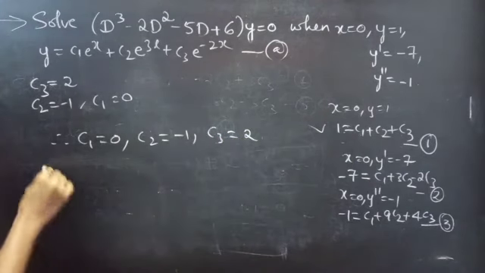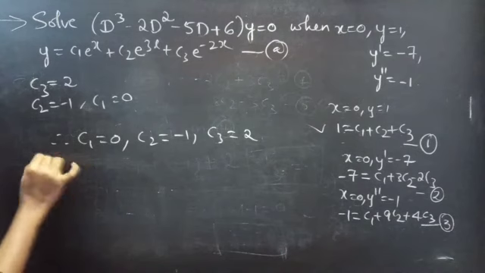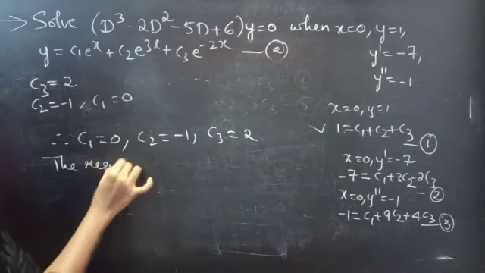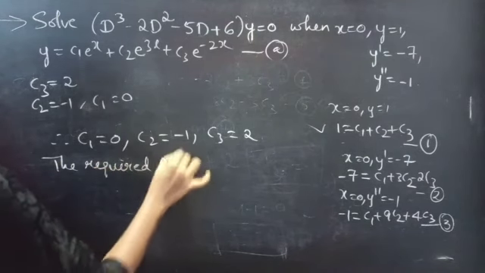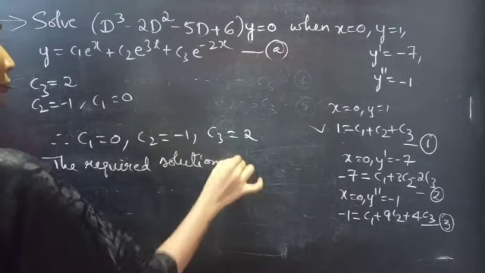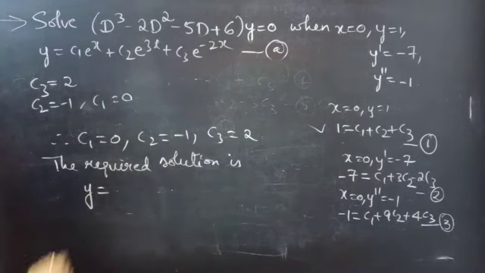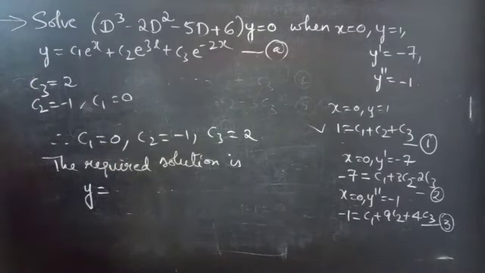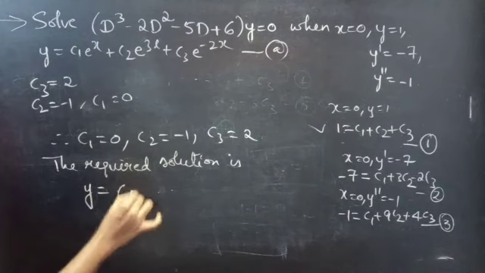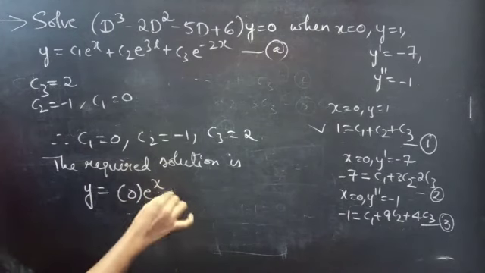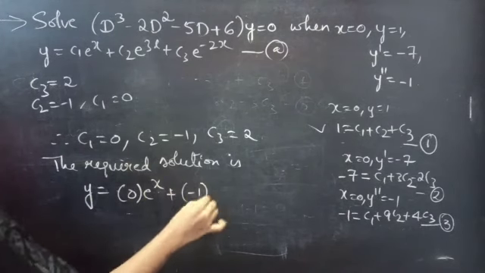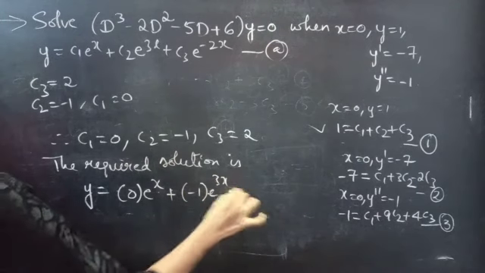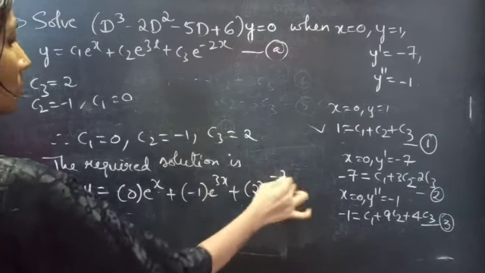So our general solution, or the required solution, will be y equals, substitute c1, c2, c3 values in equation A, the solution obtained from this equation. We'll get y equals 0 into e power x plus c1, minus 1 into e power 3x plus c2, 2 into e power minus 2x.